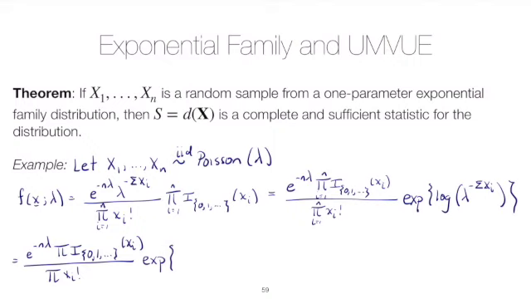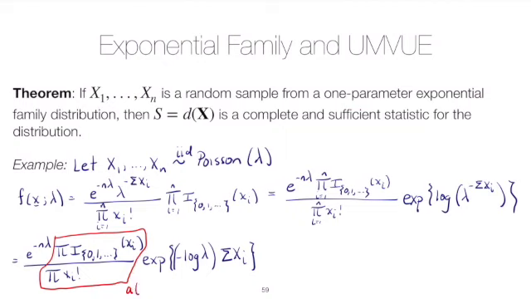e raised to the negative log of lambda times the sum of the xi's. And at this point, I think we've written this in the form of the exponential family of distributions, where our product of indicators over our product of factorials, we could call this our a of x.